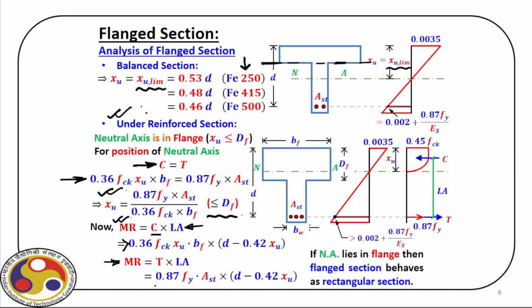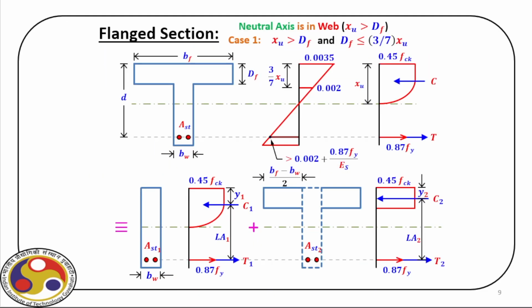So, for that, this is the expression, and both of them will give us the moment of resistance for this section. So, the point to be noted here, if the neutral axis lies within the flange, then this flange section behaves like a rectangular section. There is no difference. Now, let us see if we have a different situation. In this case, we have the neutral axis somewhere here.